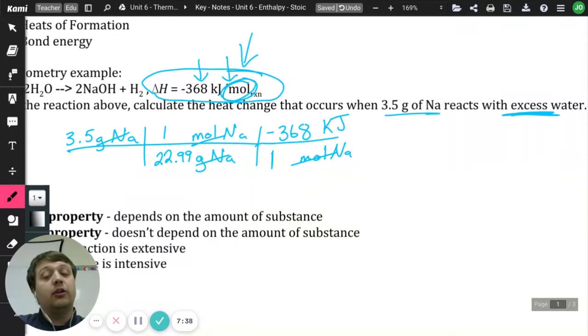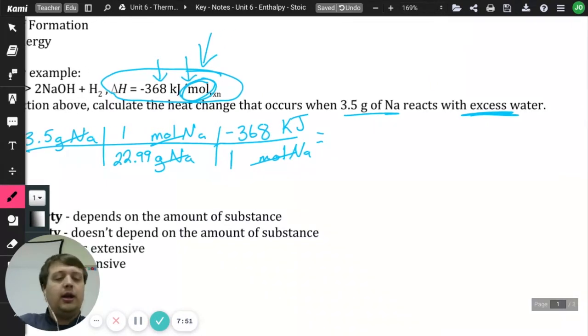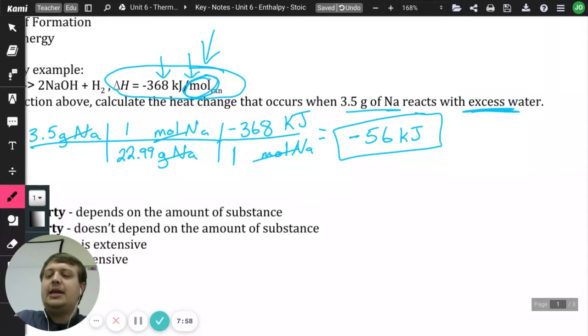Okay, well, is kilojoules or heat or energy what I'm looking for? Yes, it is. So I can go ahead and solve. So 3.5 times 1 times negative 368 divided by 22.99 divided by 1, we're going to get negative 56 kilojoules is the heat change that occurred as a part of that reaction.